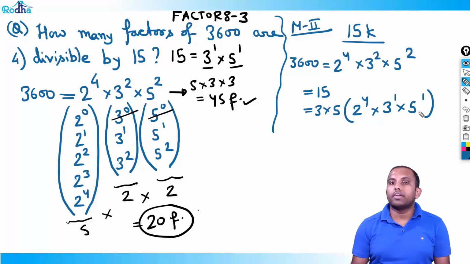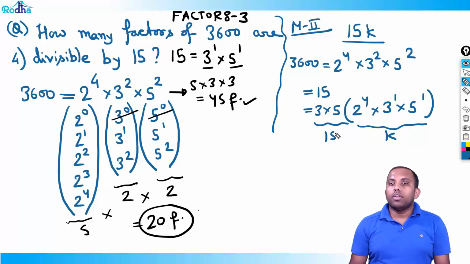This is my 15 and this is my k. So every factor inside this bracket will be a multiple of 15, because outside I have already taken 15 common, and 15 into anything is a multiple of 15.